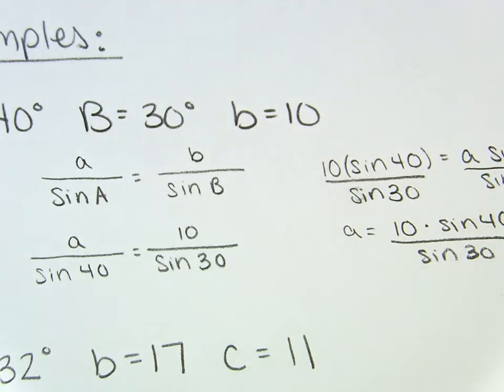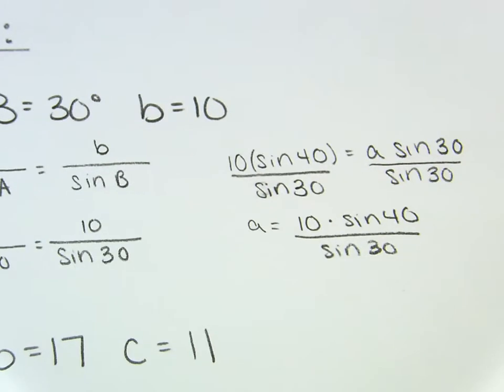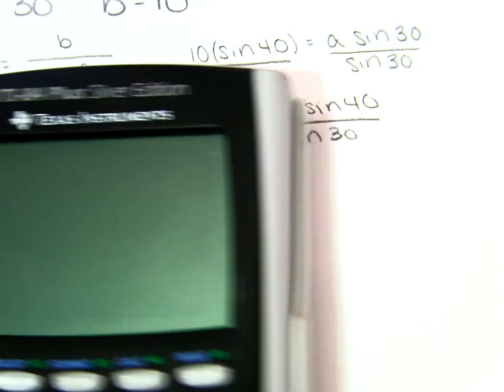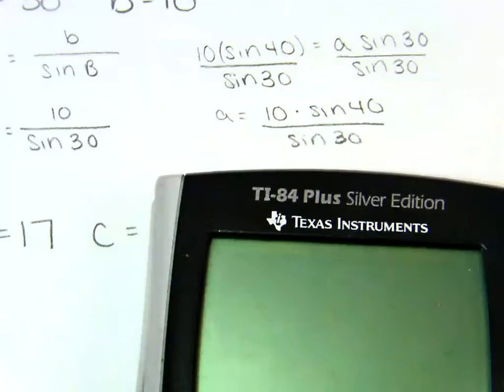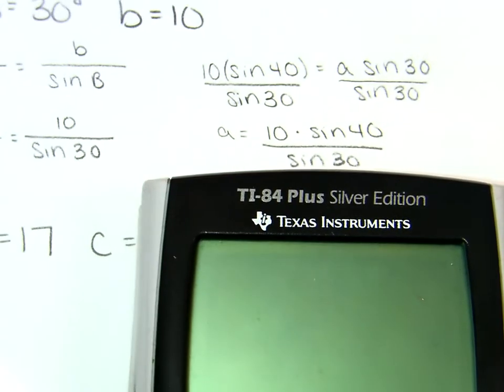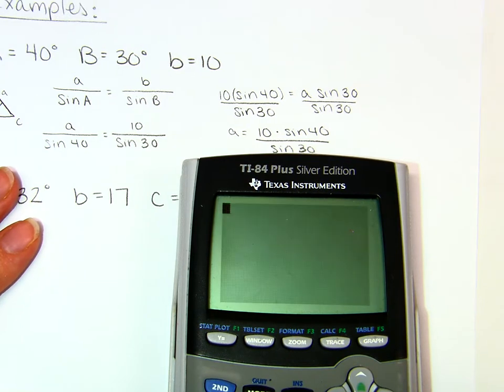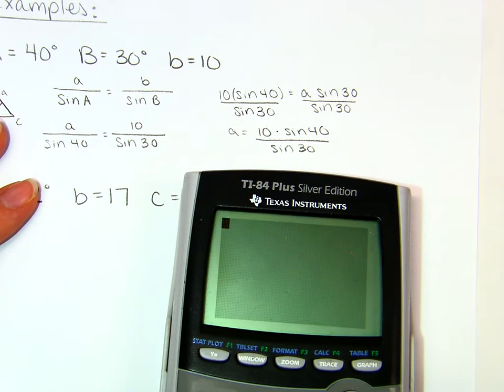And I could type that right in my calculator. I'm getting off the page here. So if I type that in my calculator, ten times the sine of 40, and I want to divide it by the sine of 30.